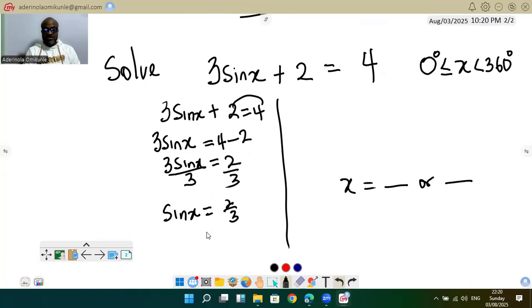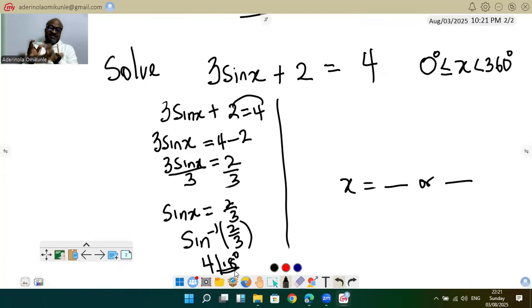Like we just did, all you've got to do is get sine inverse of 2 over 3. Again, your calculator comes in very handy here. You press shift sine, 2 divided by 3, close the bracket, and that gives me 41.8 degrees.